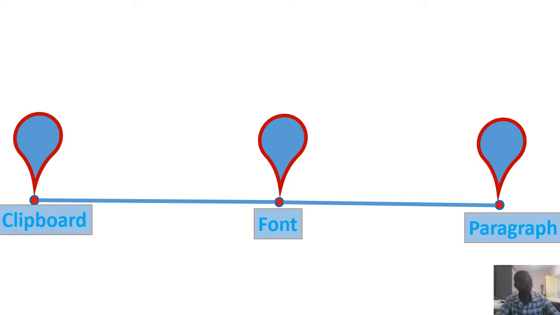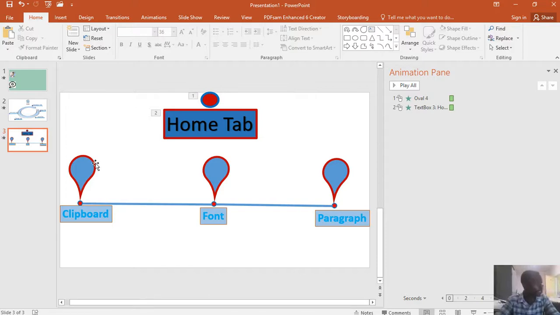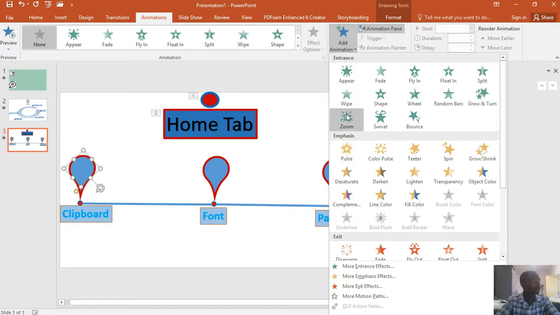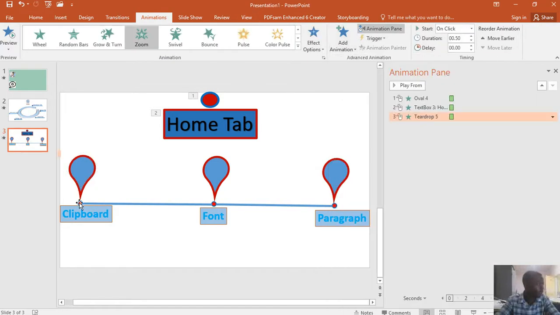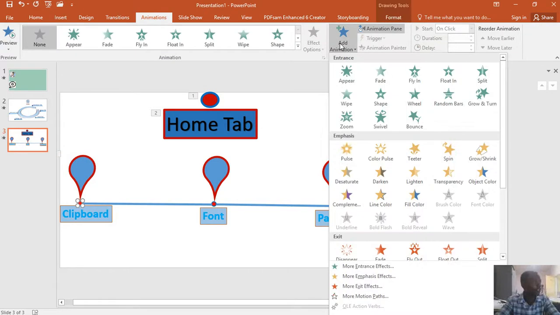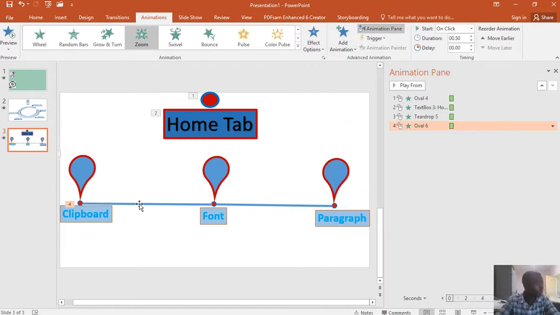So that's it. Let's now check what happens. Oh, it's appearing without my permission. So that goes. So this one now animates. We go to animations. This one must zoom. Then after that, this one zooms in again. Then from there, this one wipes, from left to right.